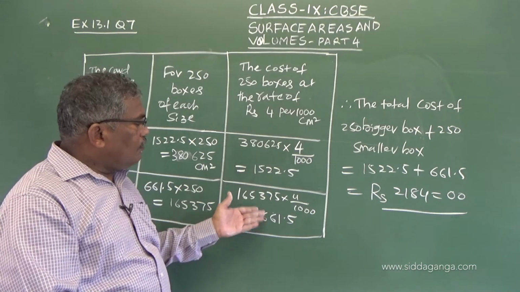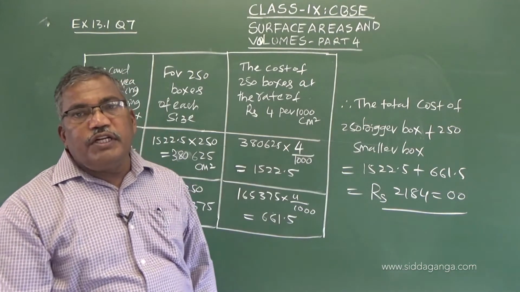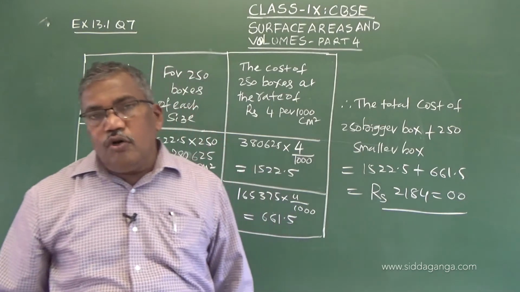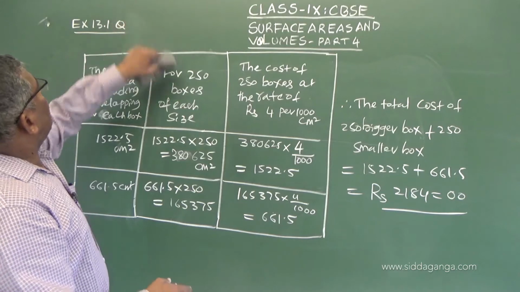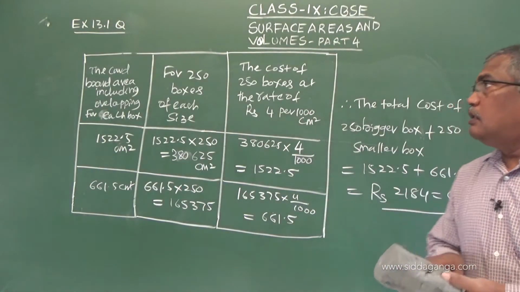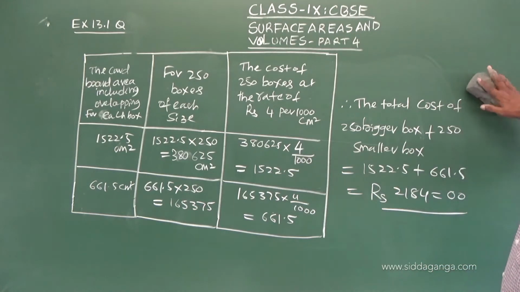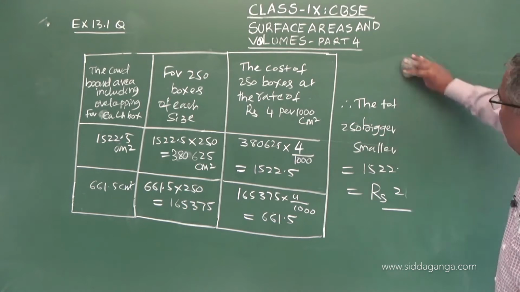You will get these two values. If you add these two amounts, it will work out to be 2184 rupees. So I will move on to the last problem in this, that is the 8th problem.